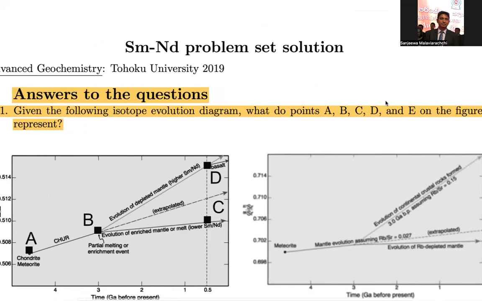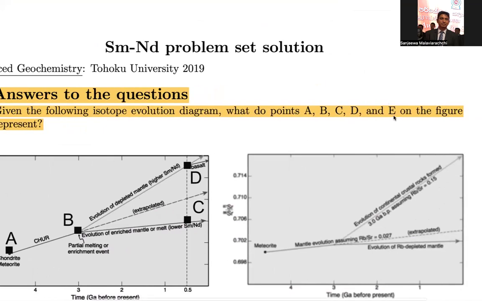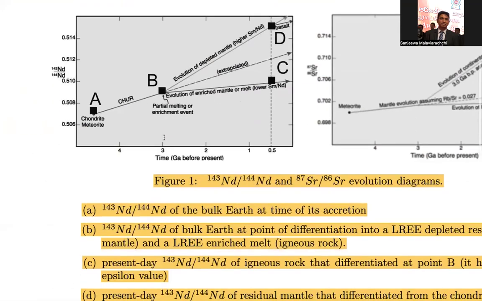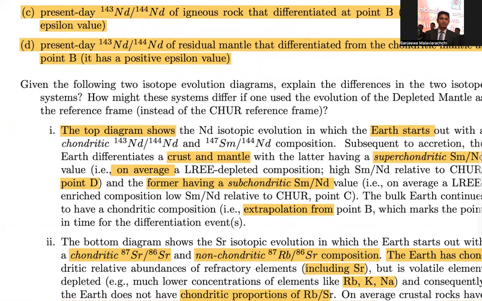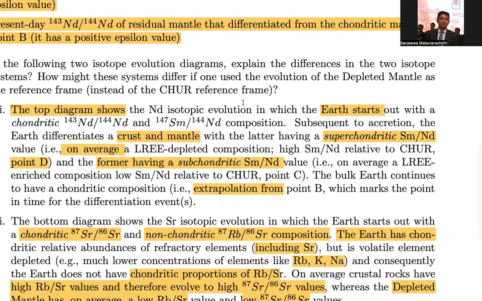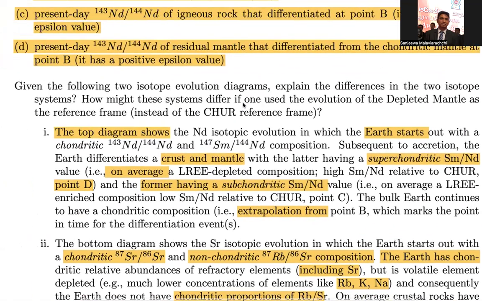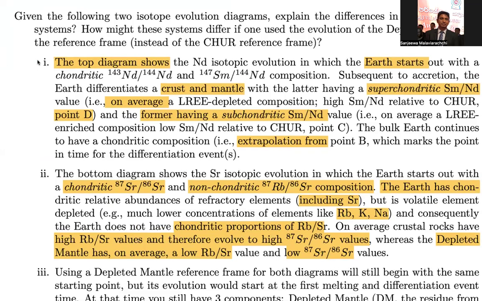The following isotopic evolution diagram, what points A, B, C, D, and E in the figure, and describe the figure. Okay, here given the following two isotopic diagrams, explain the differences in two isotope systems. So that is the two differences you have already discussed here: subchondritic, superchondritic evolution, like that.